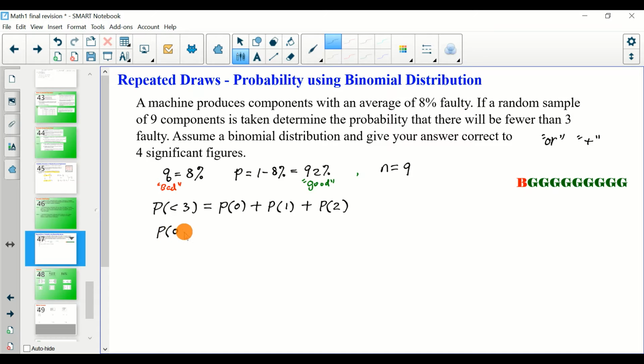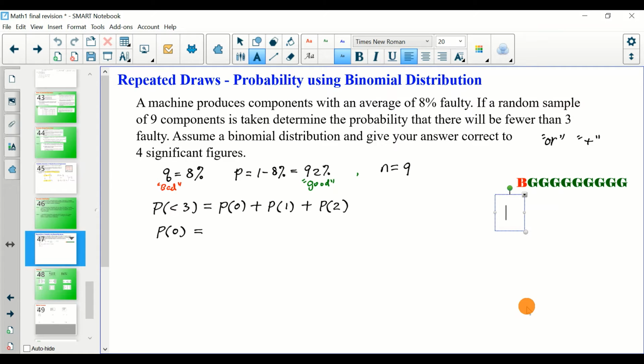For nothing faulty, everything is good. That means if I have 9 components, let me just type out a possible way of getting the components. That means everything is good.